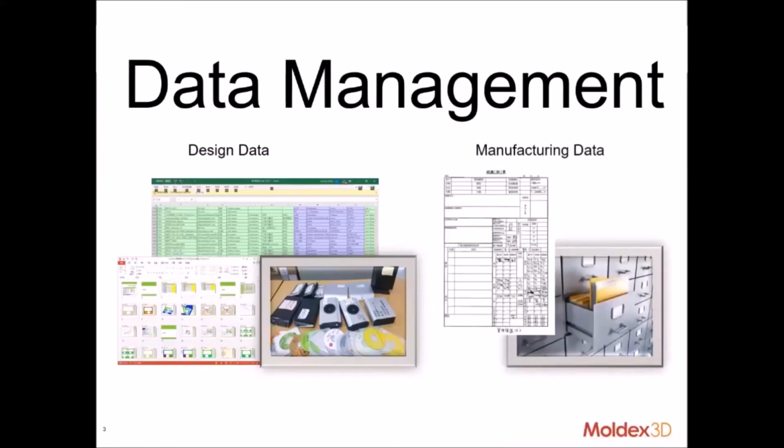And for manufacturing data, such as on-site mold tryout data, people generally do an on-site mold tryout, and then they have what we call a mold tryout sheet or mold tryout report to record all the molding processes and molding parameters.